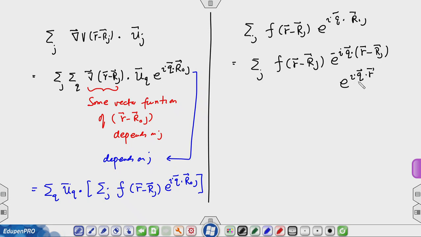So that e raised to I q dot r cancels. This part I put in extra and this will cancel.